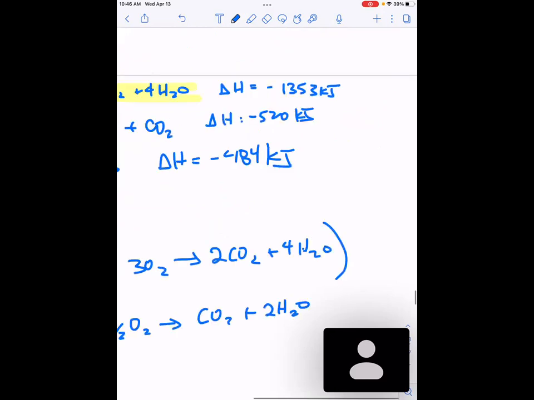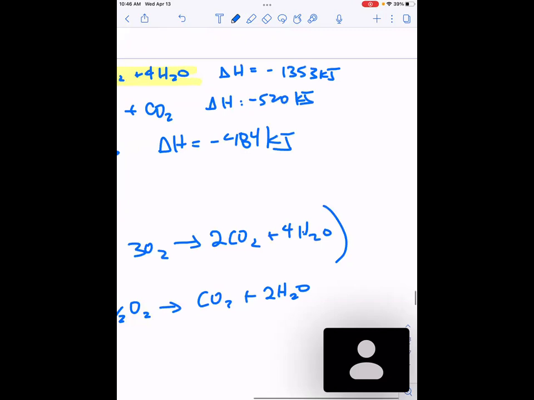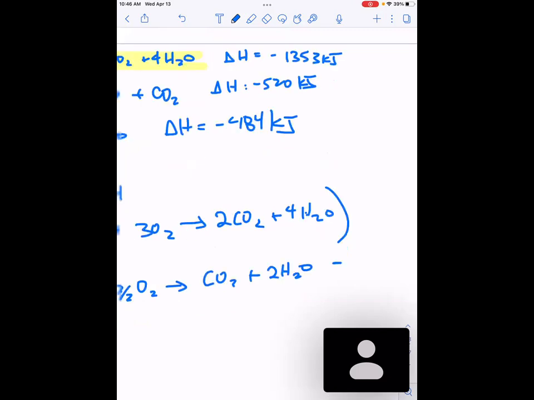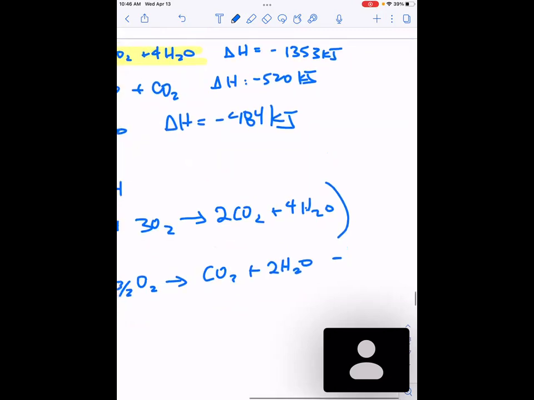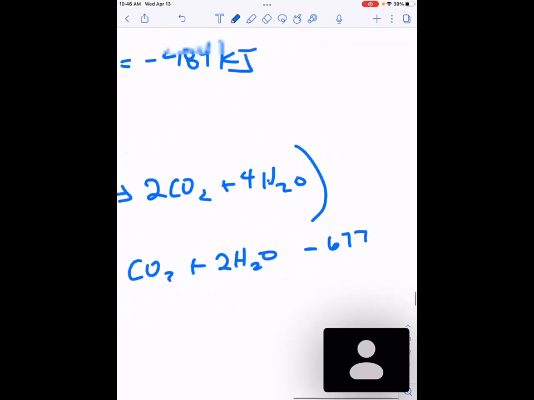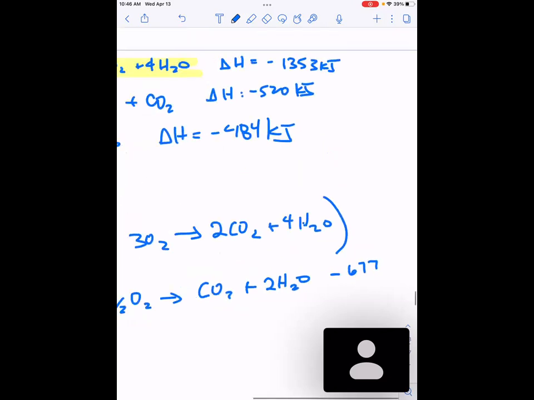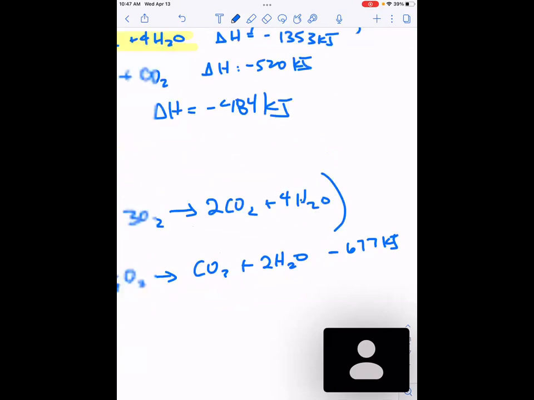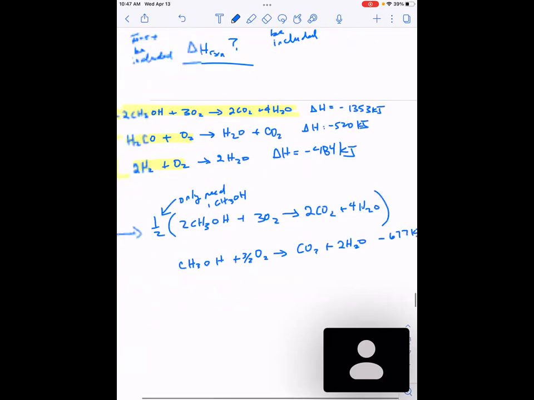And that number, negative 1353, what is that divided by 2, somebody? It's going to be negative 600 and something. Negative 676.5 or something like that. Is that right? So everything gets cut in half.